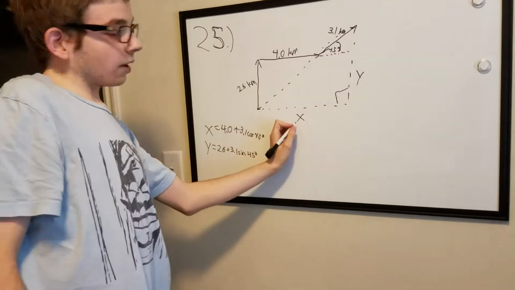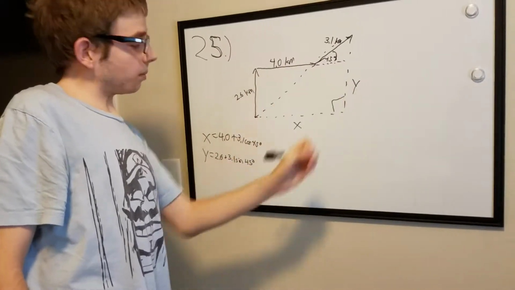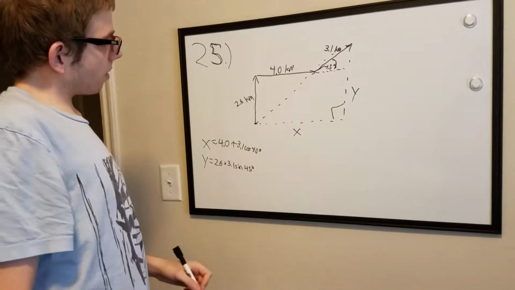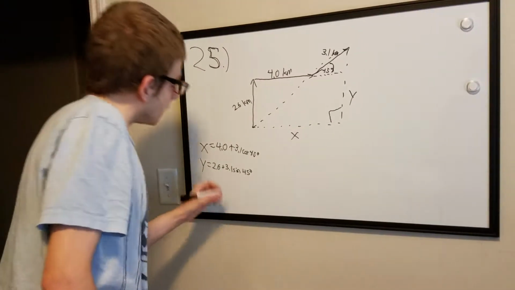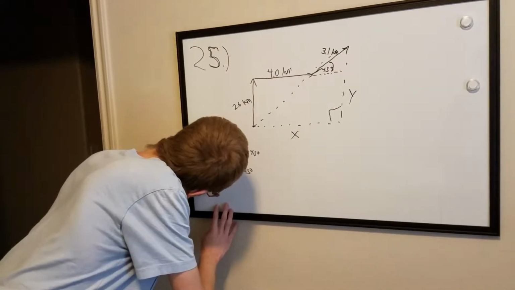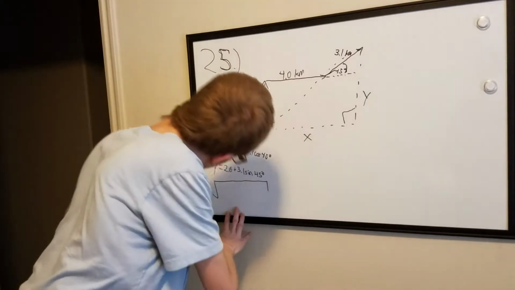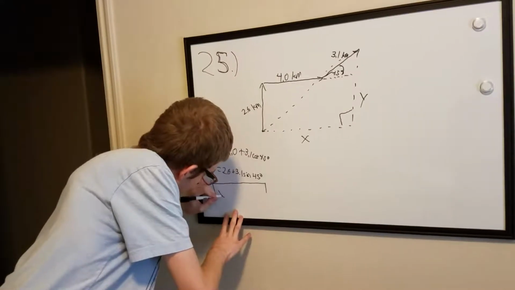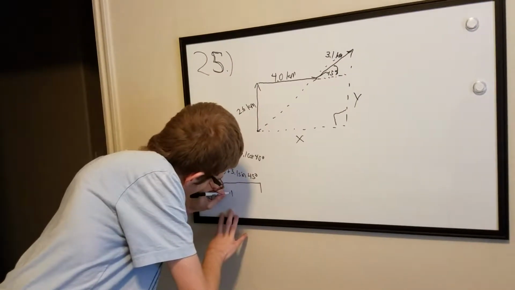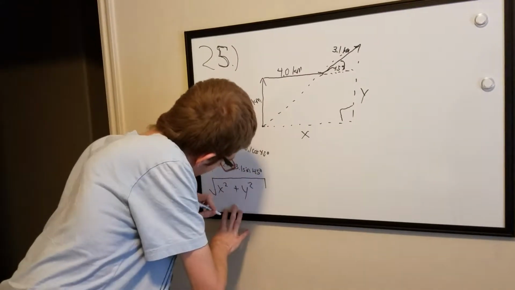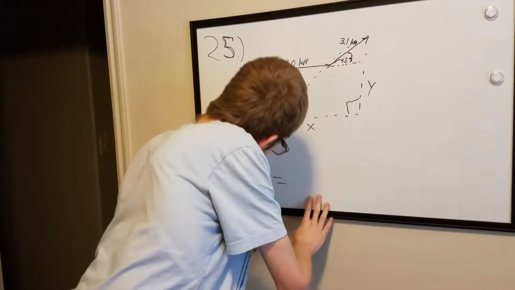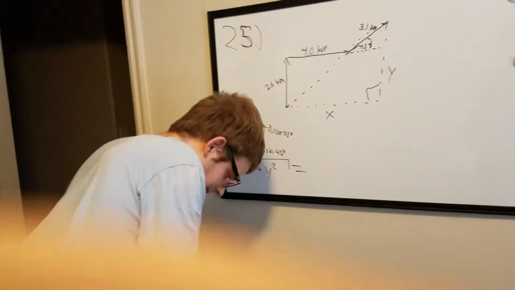So now we have our x component of the vector as well as our y component, so now we can plug these into the Pythagorean theorem and solve for the magnitude, which is x squared plus y squared equals the magnitude squared.